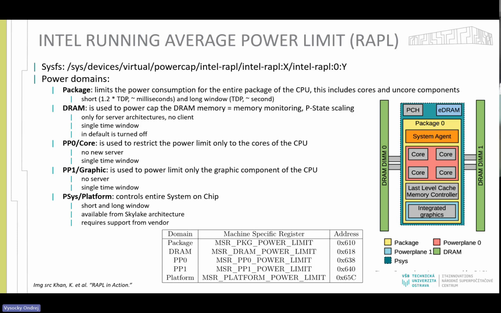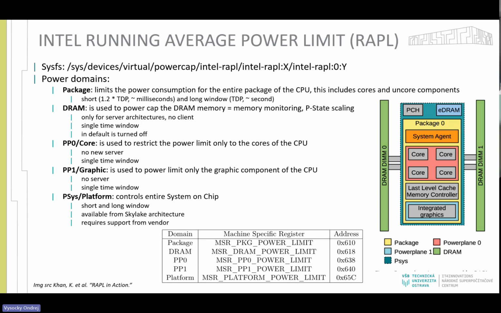So there are various power domains specific for whether you have a server CPU or mobile CPU. On server CPUs, we have the package and DRAM.